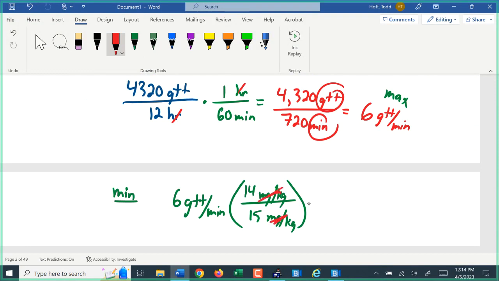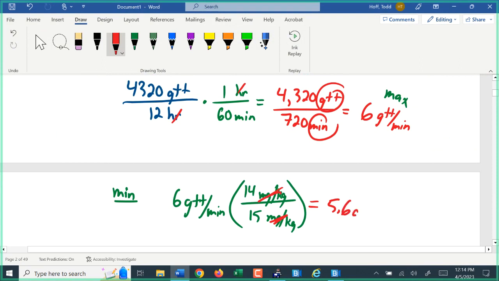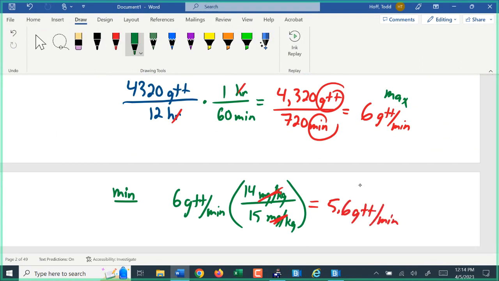So again, these units cancel out. We'll take our 6 times 14 and divide it by 15 to get 5.6 drops per minute is our minimum recommendation.